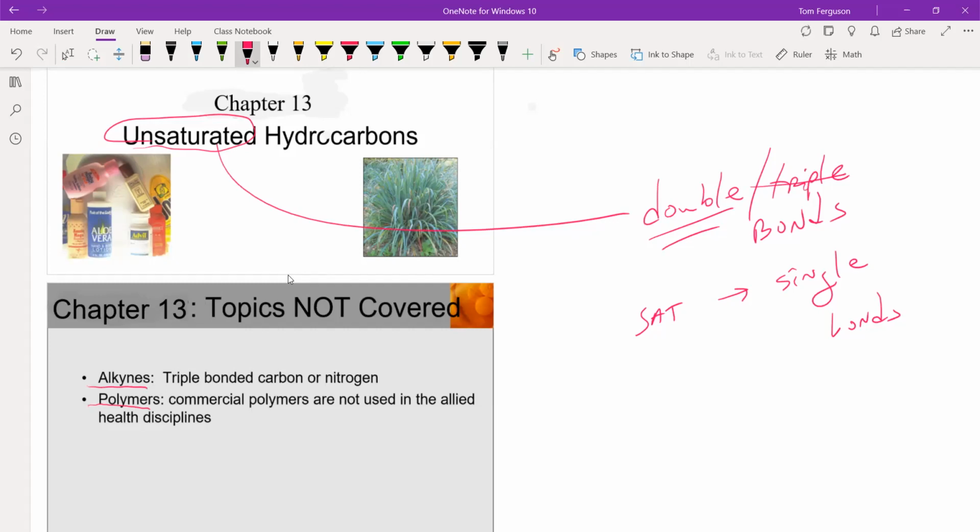They also have something called polyunsaturated. That means more than one bond.